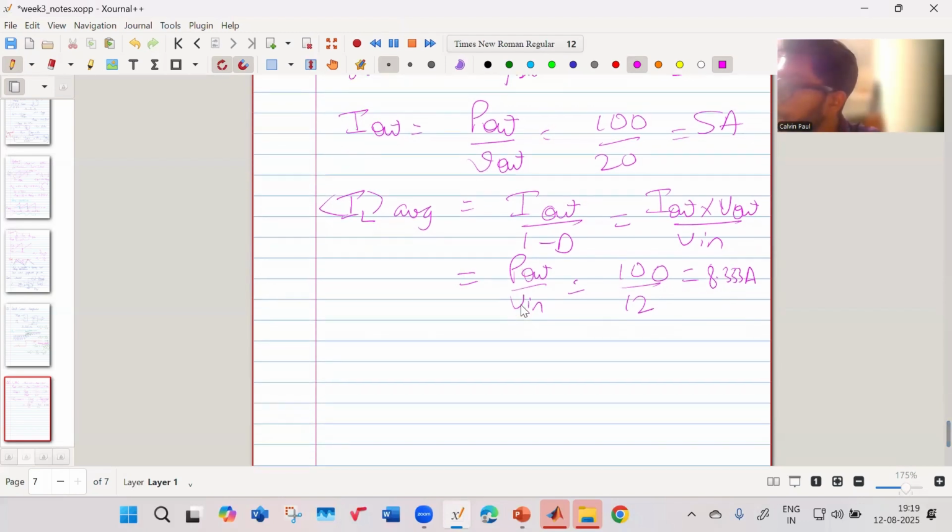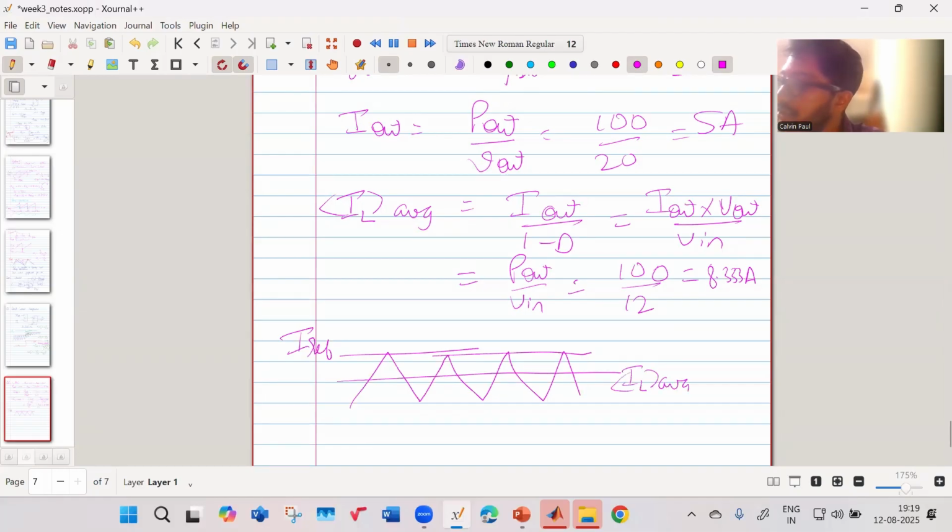Now, what do we need to do? This is how your converter is operating. This is your reference current. So your reference current is IL average, and this is your delta IL, right?